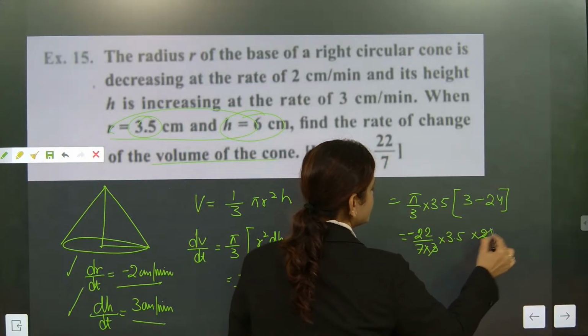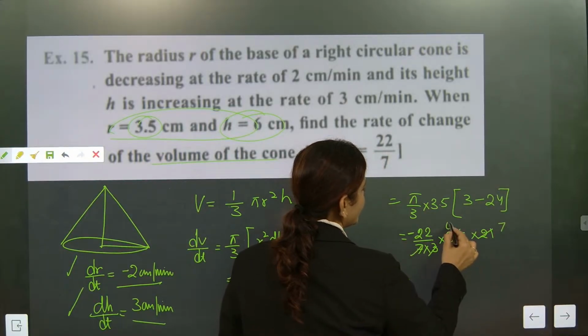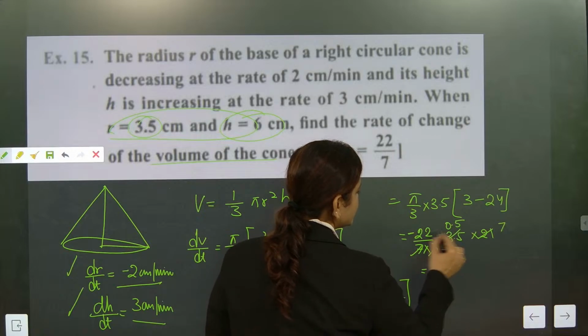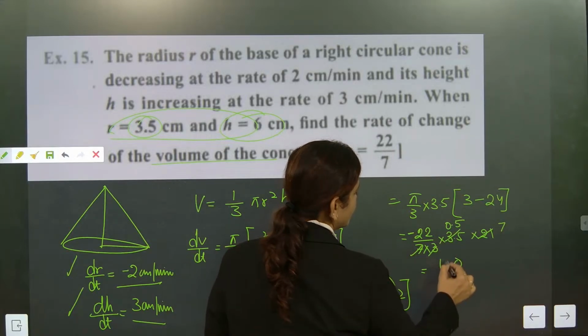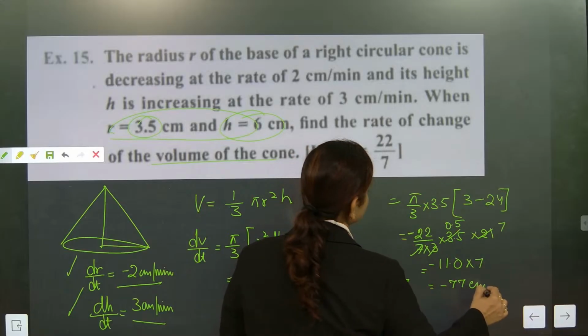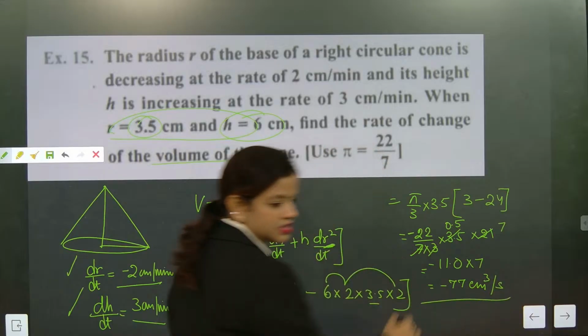So 3 sevens are 21 and 7 fives are 35. So it is coming as minus 77 cubic centimeter per second.